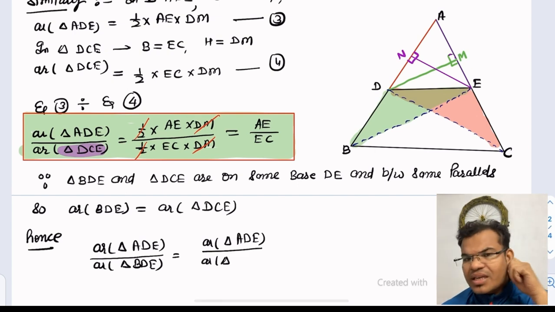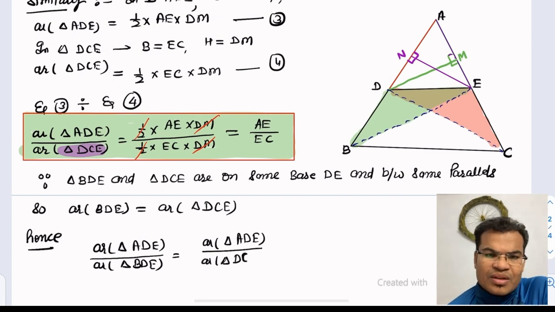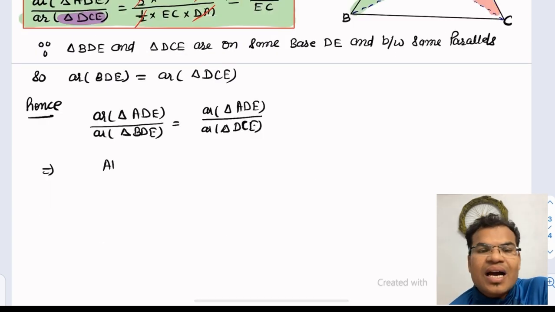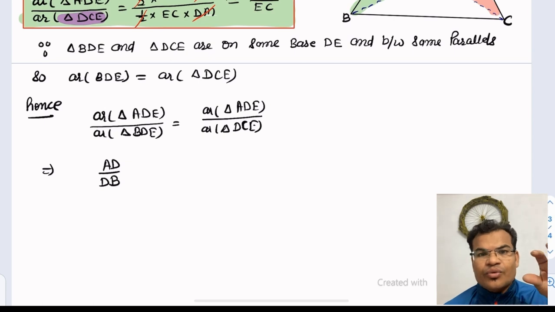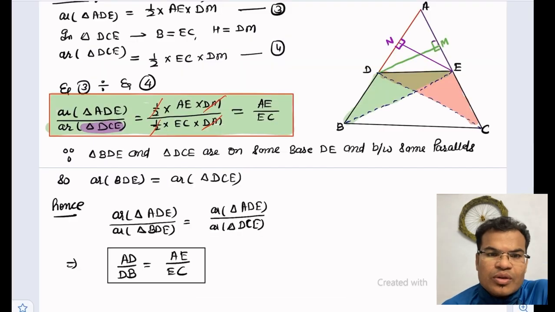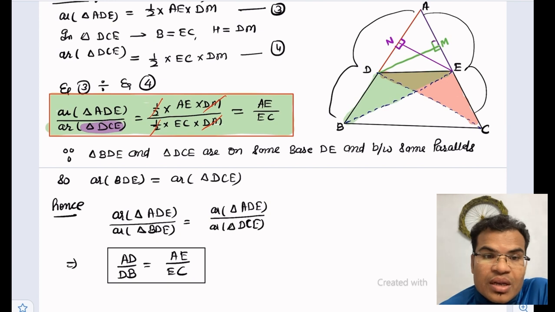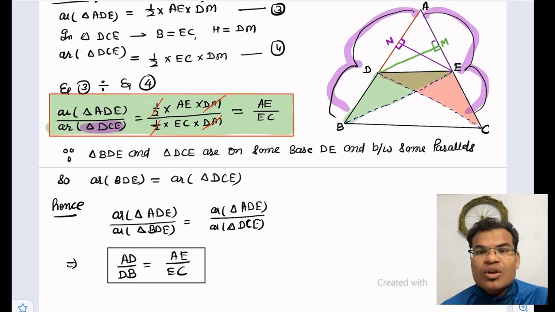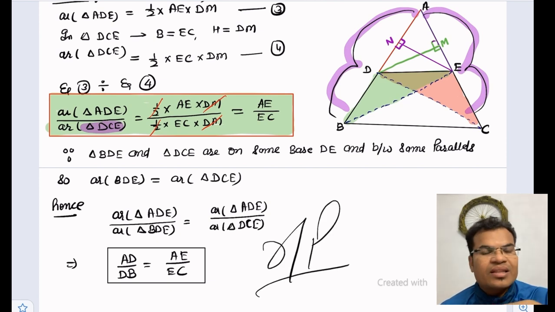Now you can understand both these triangles are the same in area. DBE and DCE are the same. So in the end, the right hand sides of both the equations are also equal, AD upon DB and AE upon EC will always be equal in this manner. So guys, with the help of this small concept from the 9th class, we can prove it very easily, and this is your answer.